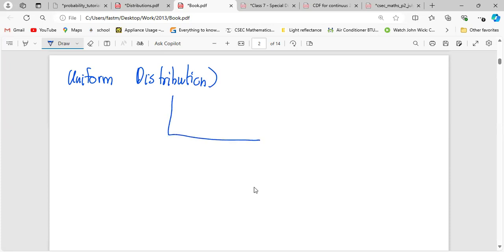Right, I'm going to do the last one: uniform. Uniform is exactly as the word says. It looks something like a box.